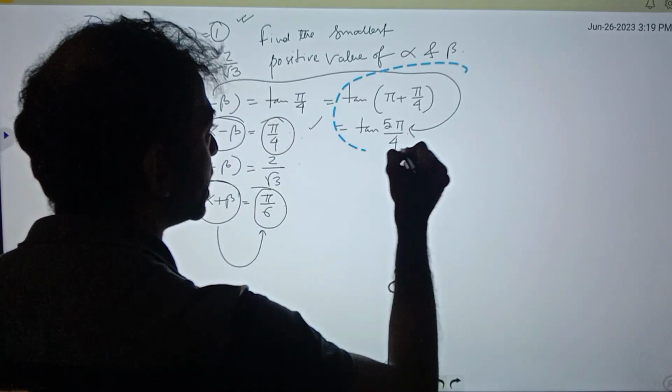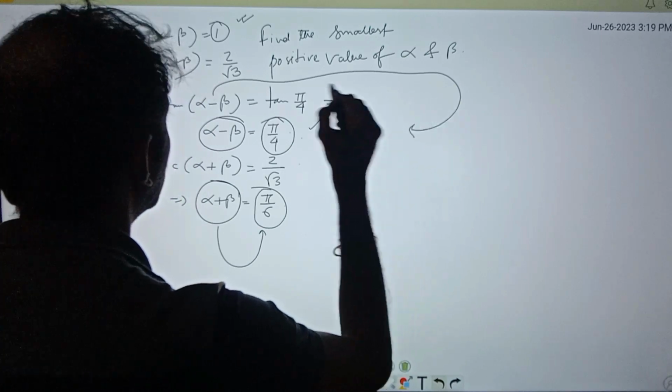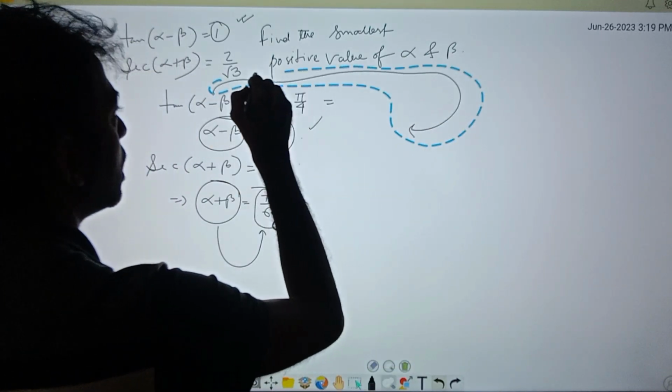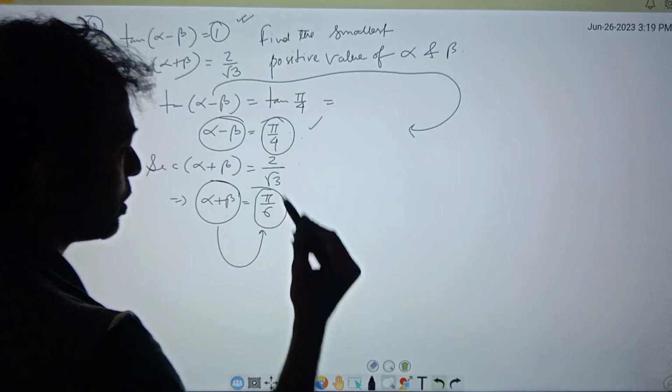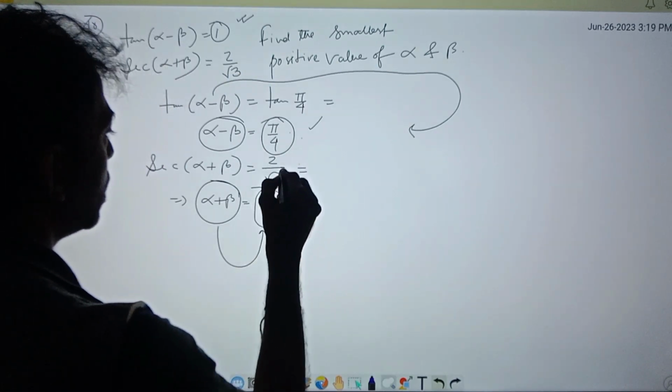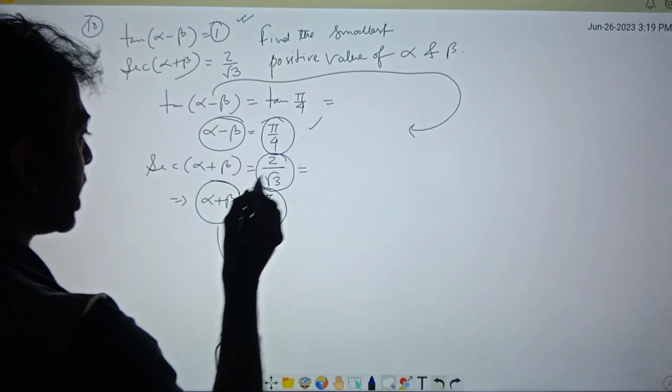We are going to proceed with some other thing. Look at this one. We are going to proceed with this one, 2 by root 3. Now look at this one.